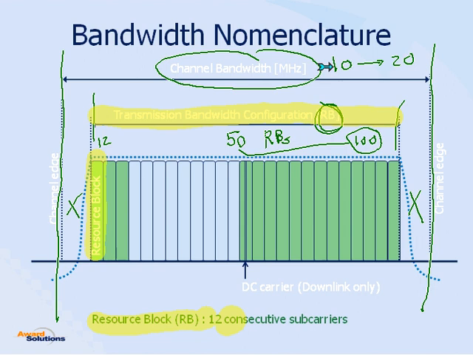You can think of such a portion as guard. That is your guard band, so that we minimize interference caused to the left and right side of the spectrum. Maybe some other operator is on the right-hand side, maybe some other operator is on the left-hand side of the spectrum, and so we want to minimize interference, and that's why we have these guards.